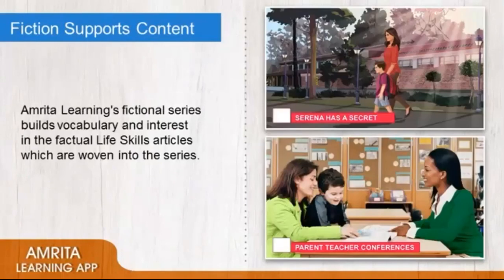We have 2 fictional stories before each life skill lesson. The fictional stories keep them motivated to read and also build the vocabulary for reading. You can see the original drawings are designed to be appealing. The story characters also represent our different types of learners.